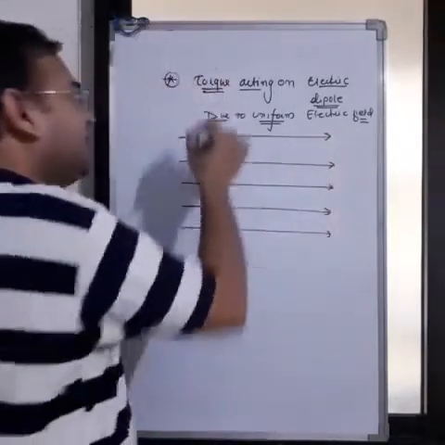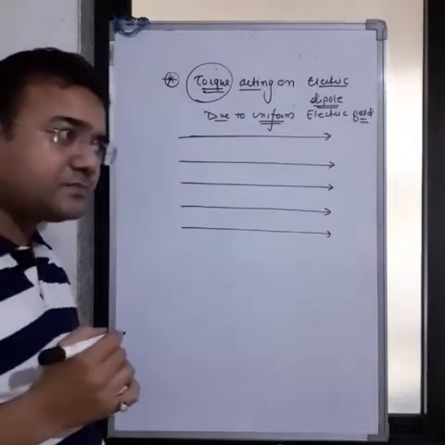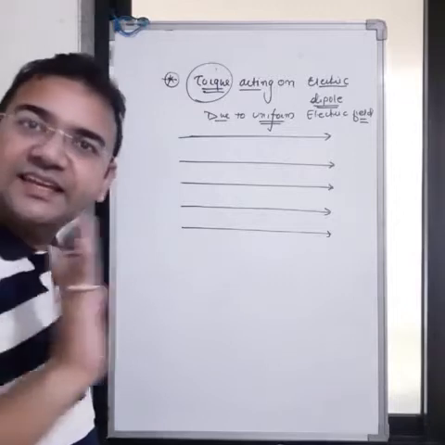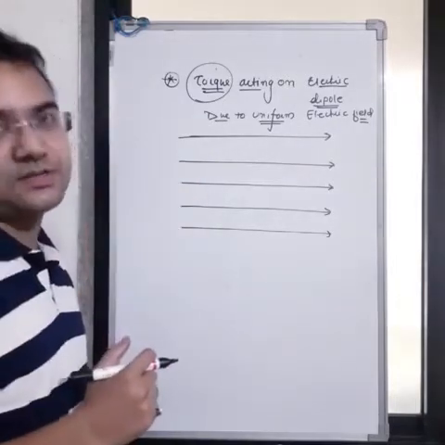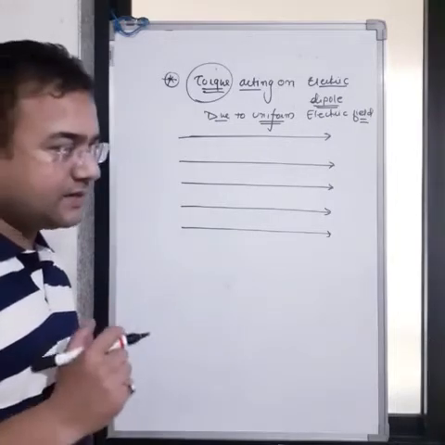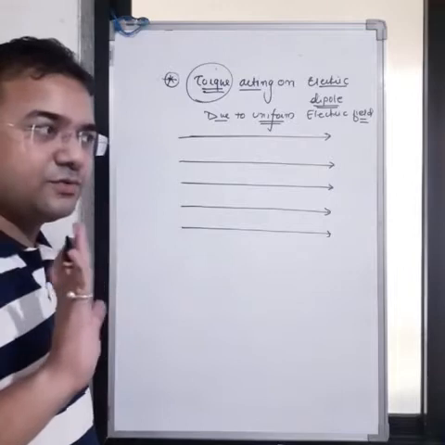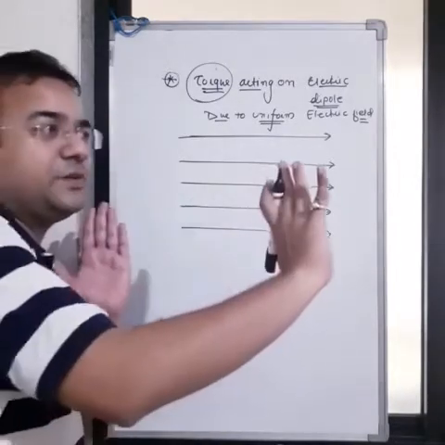One more thing that we have to understand: what do you mean by the torque? Torque is when a force acts perpendicular to a surface, and this angular force is called the torque. For example, when we open a door, we apply force perpendicular to the door and the door opens.